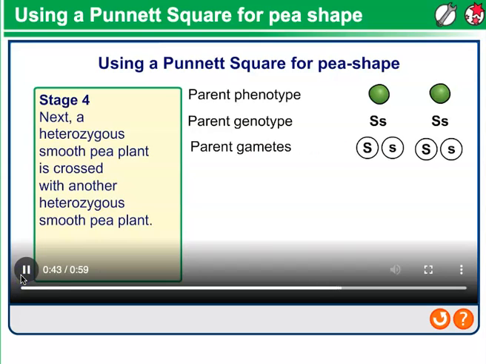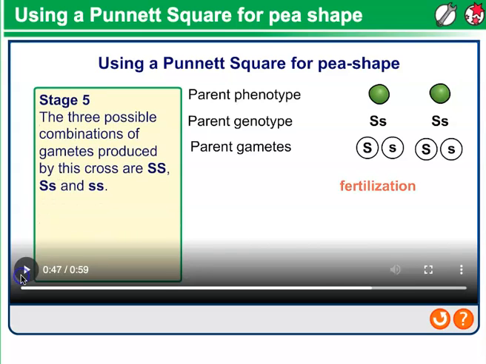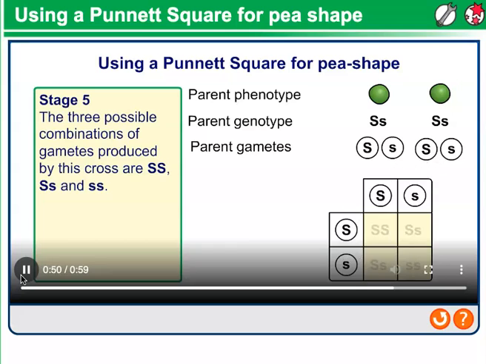So gametes are produced by this genetic variation. The three possible combinations of gametes produced by this cross are uppercase S, uppercase S, uppercase S, lowercase s, and lowercase s, lowercase s. So when fertilization takes place, the possibilities that we have are seen here.